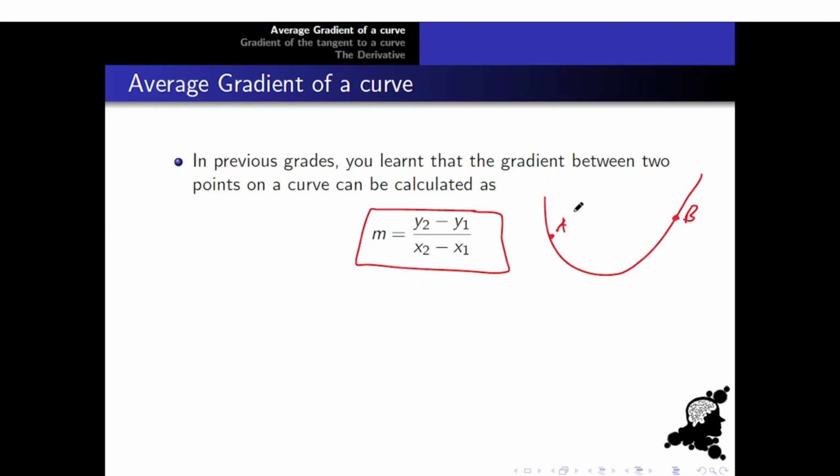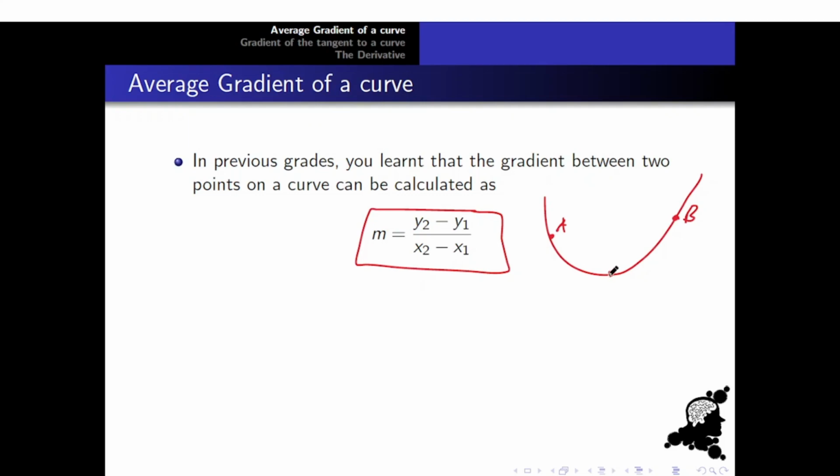Now why do we refer to it as the average gradient? Well, think about it. A and B do not lie on a straight line. This is a curve. However, we can construct a straight line between the two, and then we can calculate the gradient between the 2 points on that specific straight line that we constructed.